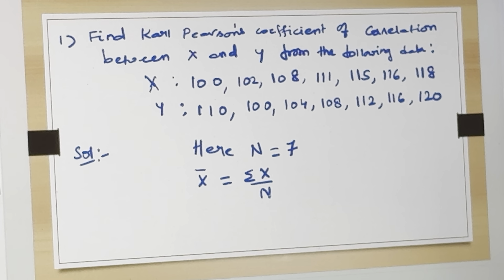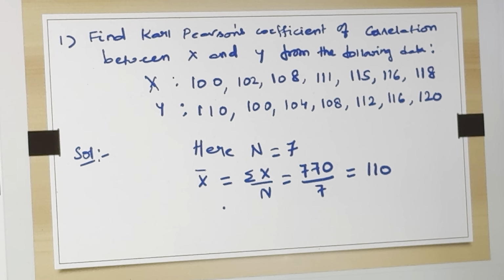Summation x upon n. When you are going to add all the values of x given, you will be getting the answer as 770 upon capital N value is 7. Therefore, your x bar value is 110. Similarly, y bar formula you will have to write. What is y bar?